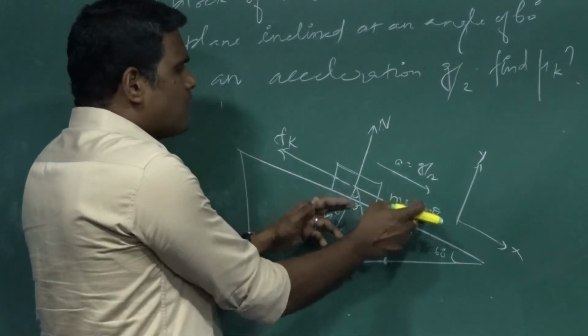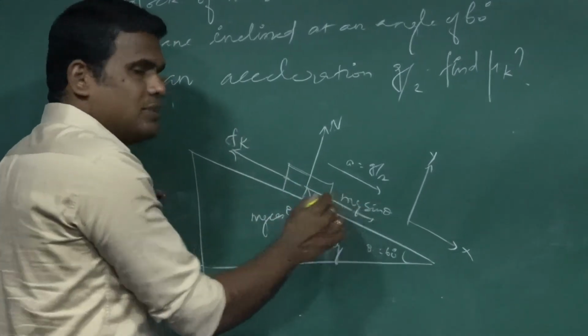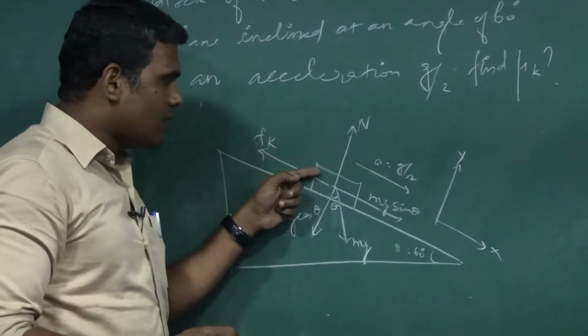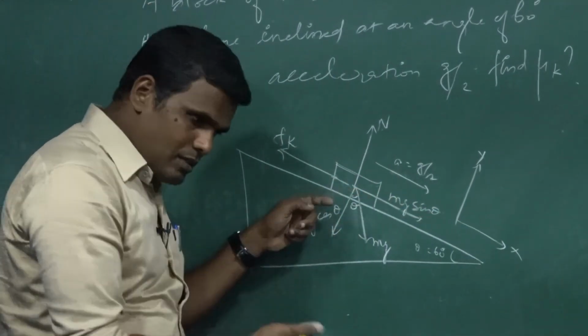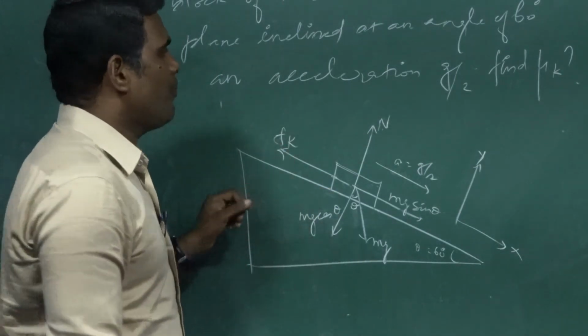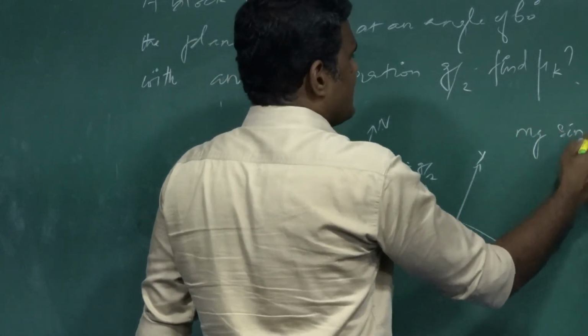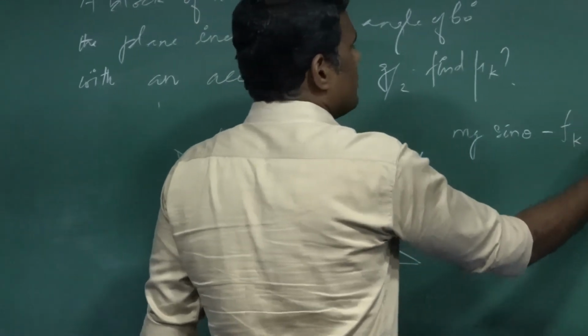Why am I writing mg sin theta minus Fk? As I told you earlier, mg sin theta is the component of mg which makes the object slide down the incline. This is pulling the object in the downward direction by overcoming the frictional force. So I can write mg sin theta minus Fk is equal to ma.